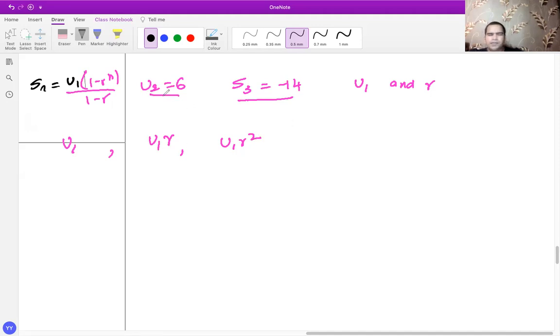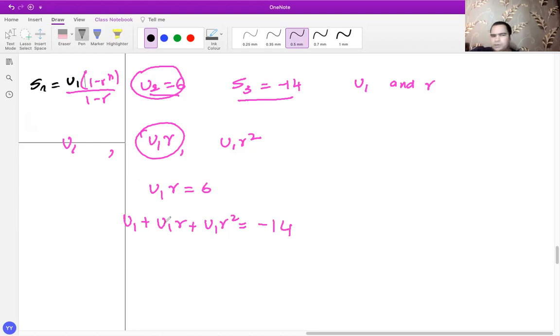So the first equation according to the given data: the second term is 6, so u1 times r is 6, and then they have given that S3 is negative 14. So you will do u1 plus u1r plus u1r squared equals negative 14.